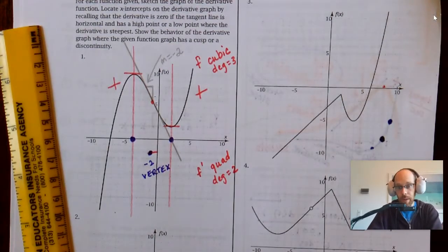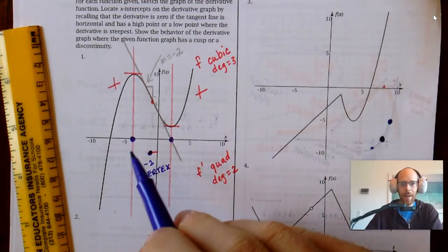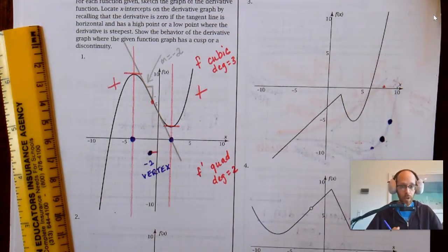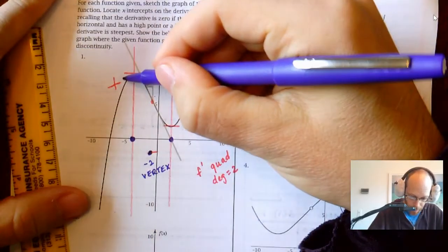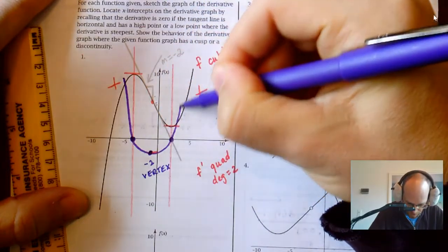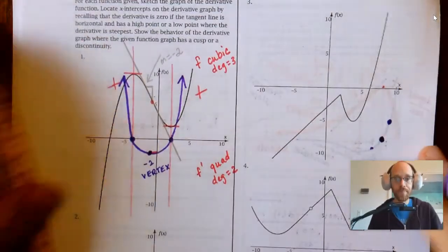Well, we could keep doing this, right? We could keep drawing tangent lines and estimating the slope. But I think that if you found these two zeros and you found the minimum, that's good enough. Draw a graph that goes positive, negative, positive. There's our quadratic.